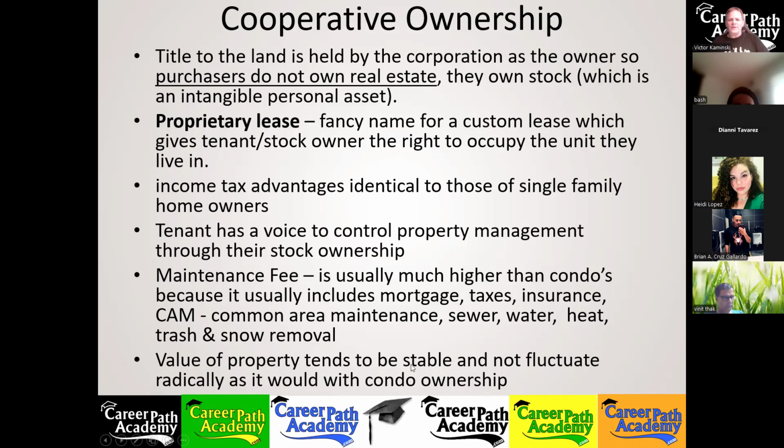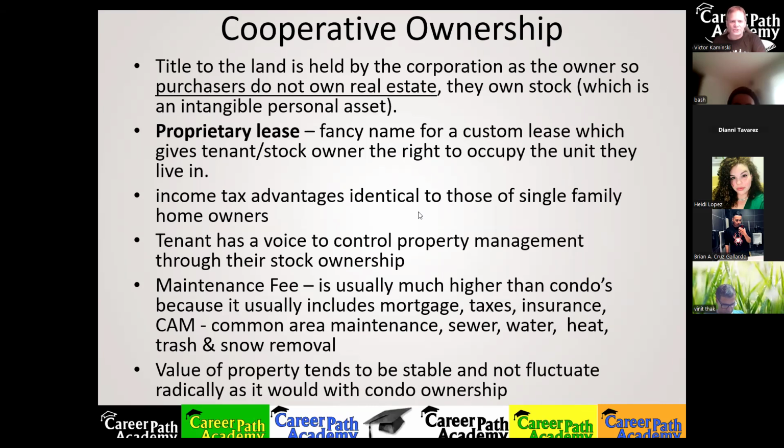The value of the property tends to be stable and not fluctuate as radically as it would with a condominium ownership. Condominium ownership prices, those values, they tend to fluctuate just like a single family house would. As the markets change, the value of the property could change as well.